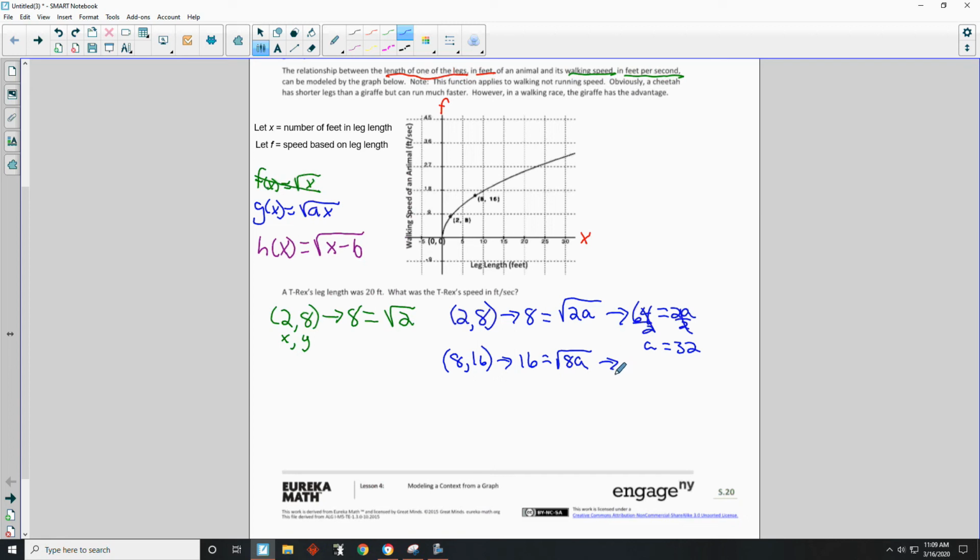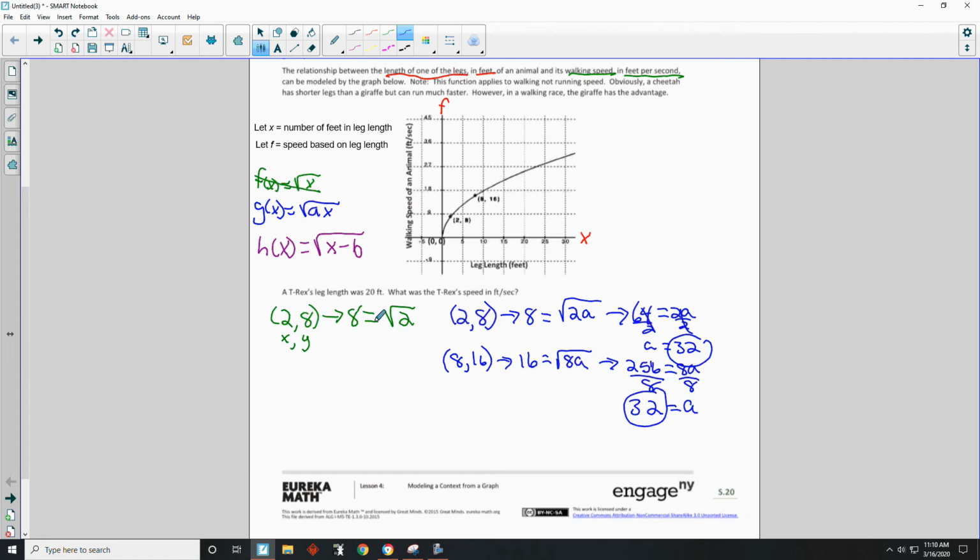Okay, and 16 squared is 256, so now I know that 256 equals 8a. When I divide both sides by 8, I find a, and I get a to equal 32. So that gave me the same a.